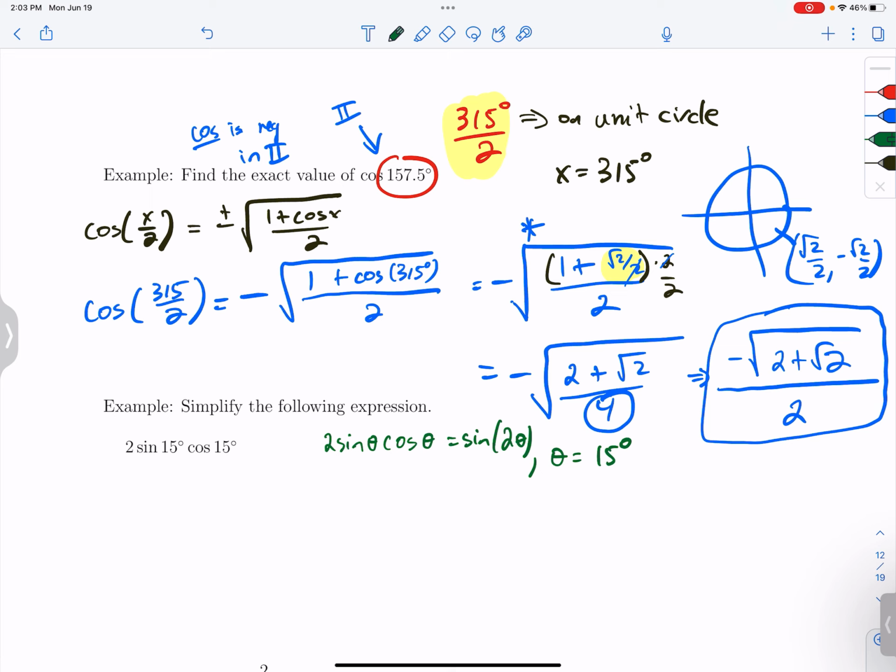So if I plug 15 in for theta in all those positions, this is sine of 2 times 15 degrees, and then 2 times sine of 15 degrees cosine of 15 degrees. On the right-hand side, 2 times 15 is sine of 30 degrees, and I know what that is. That's equal to 1/2. So 2 sine of 15 times cosine of 15 degrees is equal to 1/2.